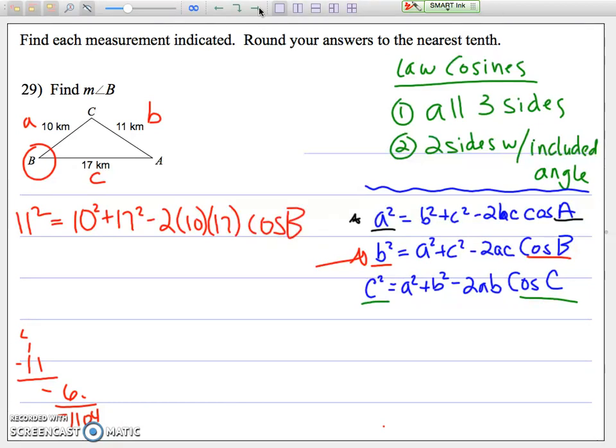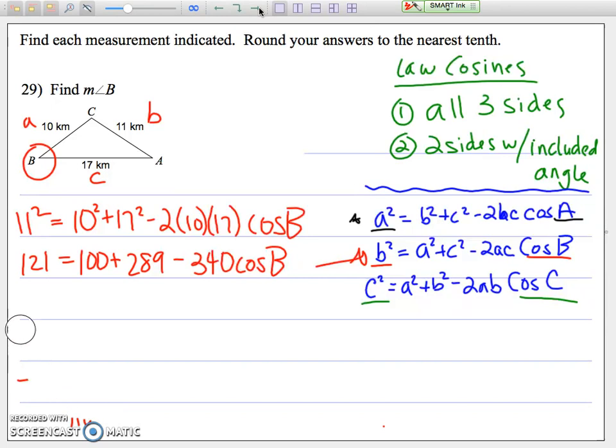So the first thing you're going to do is 11 squared is 121 equals 100 plus, I think 17 squared is like 289. Yeah, plus 289 minus 2 times 10 times 17, which equals 340 cosine of B. Okay, so I'm going to take 121 over here.